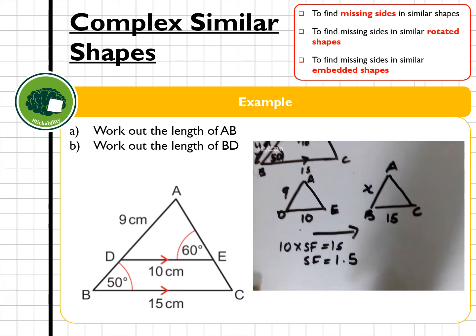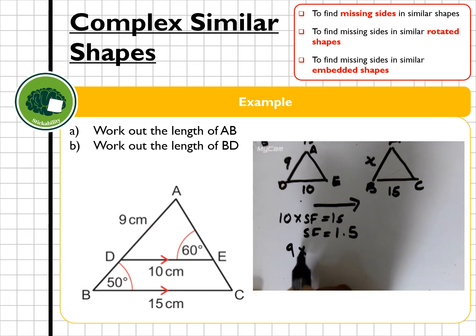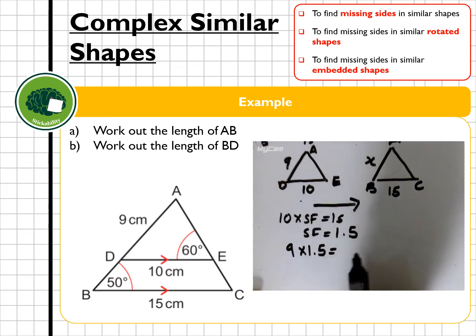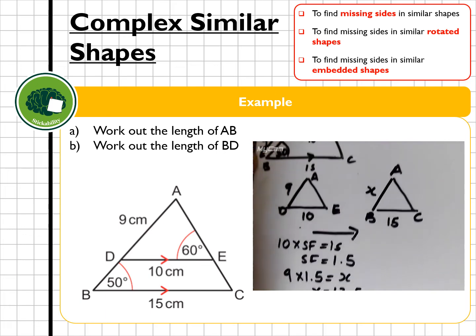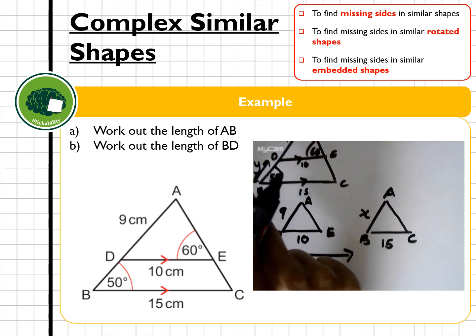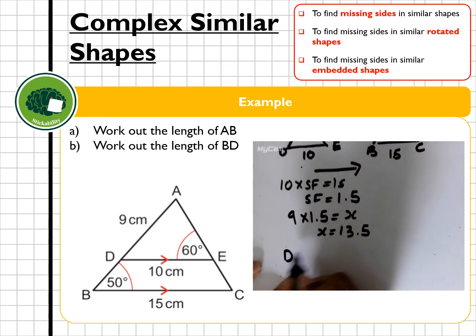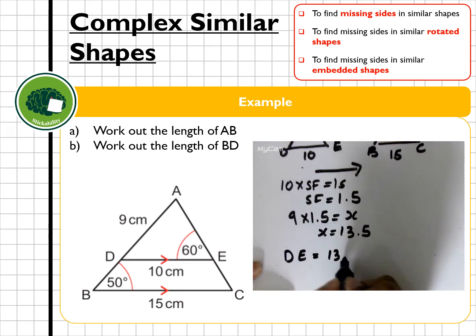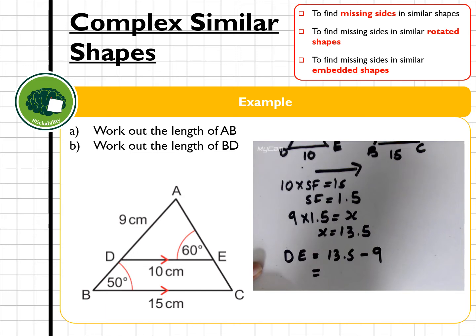To then work out x, I know that 9 times my 1.5 has to give me x. 9 times 1.5 gives me 13.5. If I then go back here, if I know this whole side here is 13.5, DE must be 13.5, take away the 9 that's already there, which gives me an answer of 4.5.